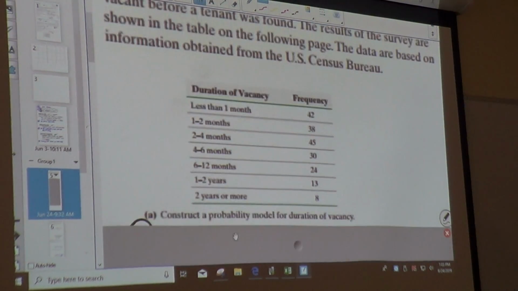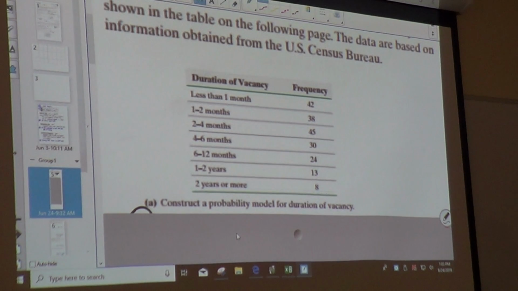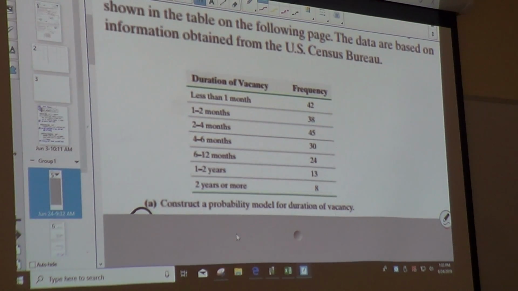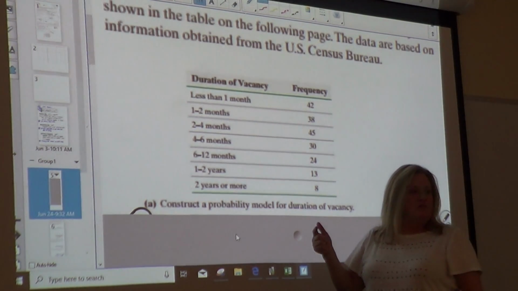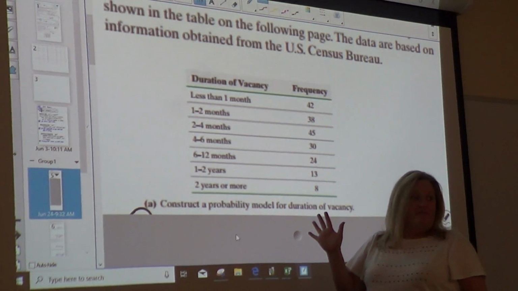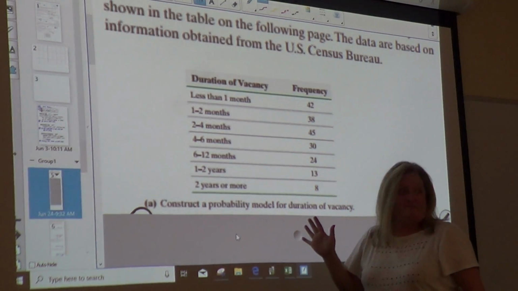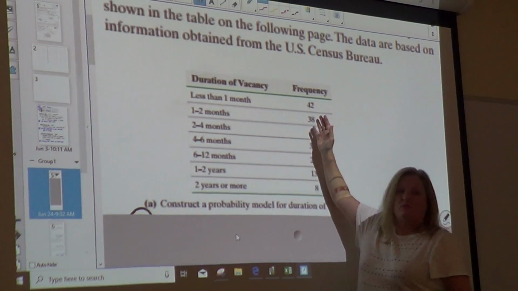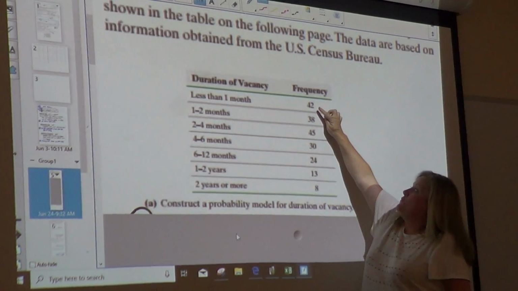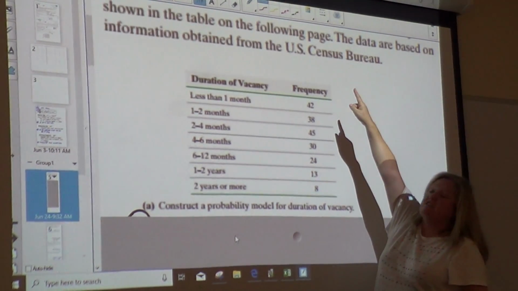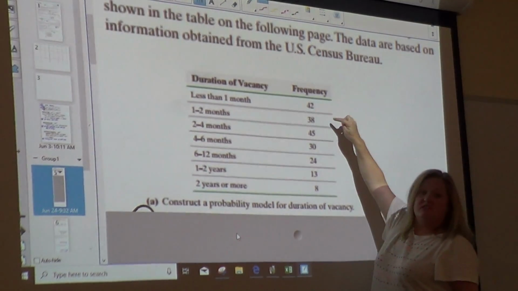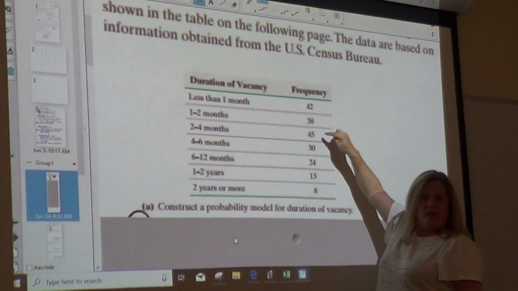So now we can look at our question, construct a probability model for duration of vacancy. How do you do a probability model? Just like we did a relative frequency. 42 divided by 200, which they told us up there. 38 divided by 200, remember?